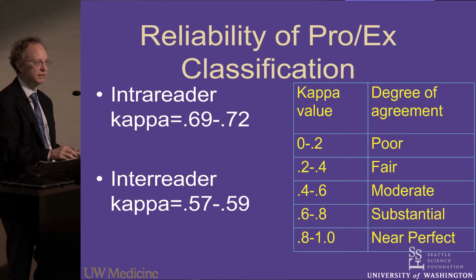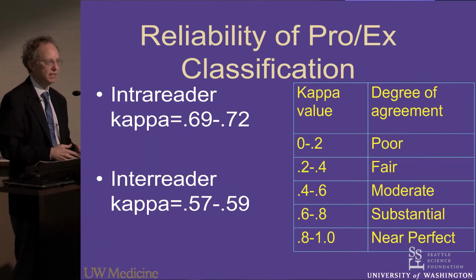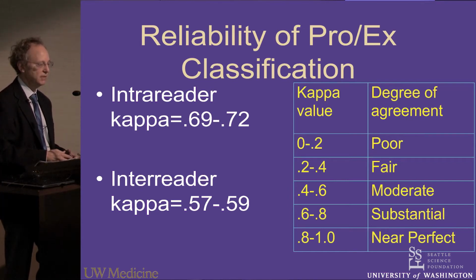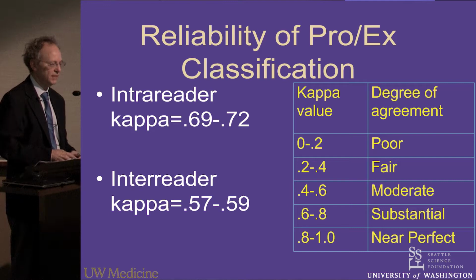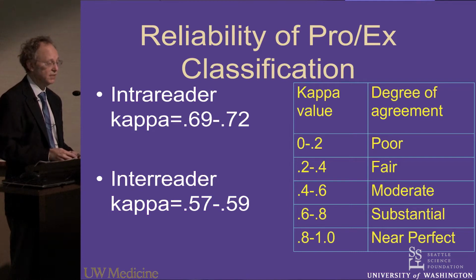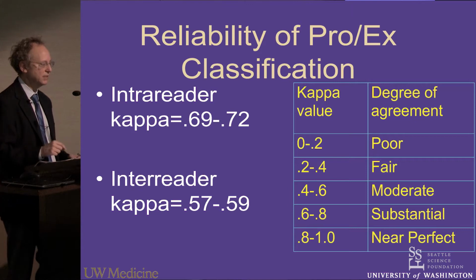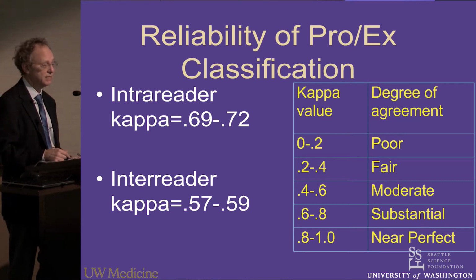What's the reliability of this? When anybody comes up with a new classification scheme, you should say, how reliable is it? Because if it's not reliable, it's not useful. And so when talking about categorical reliability, the widely used statistic is called the kappa statistic, which essentially accounts for the amount of agreement that you would get by chance.